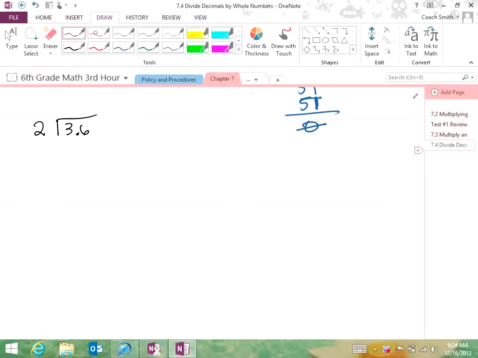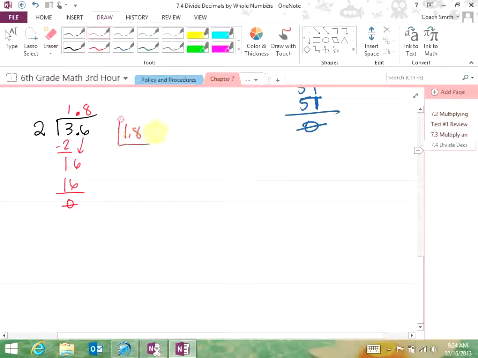So, 2 goes into 3 one time, 2, remainder 1, bring down your 6, bring up your decimal. 2 goes into 16, 8 times, 16, remainder 0. So your answer is 1.8. Okay?